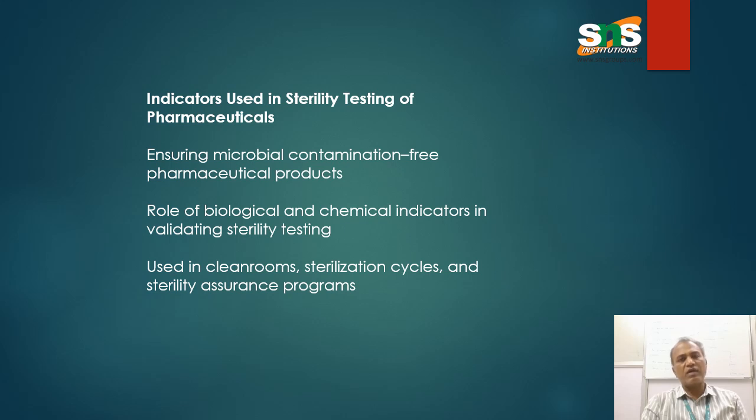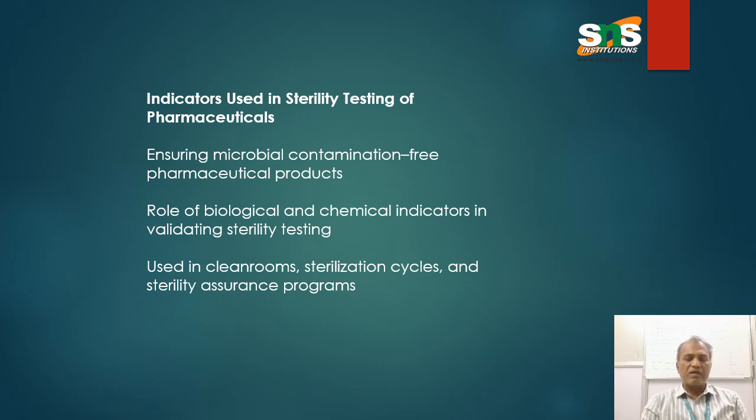What is the role of biological indicators? They are nothing but microorganisms, and chemical indicators are liquid and gas chemicals that come under the indicator category. So what is the role of the biological as well as the chemical indicators in validating sterility testing in pharmaceutical units?